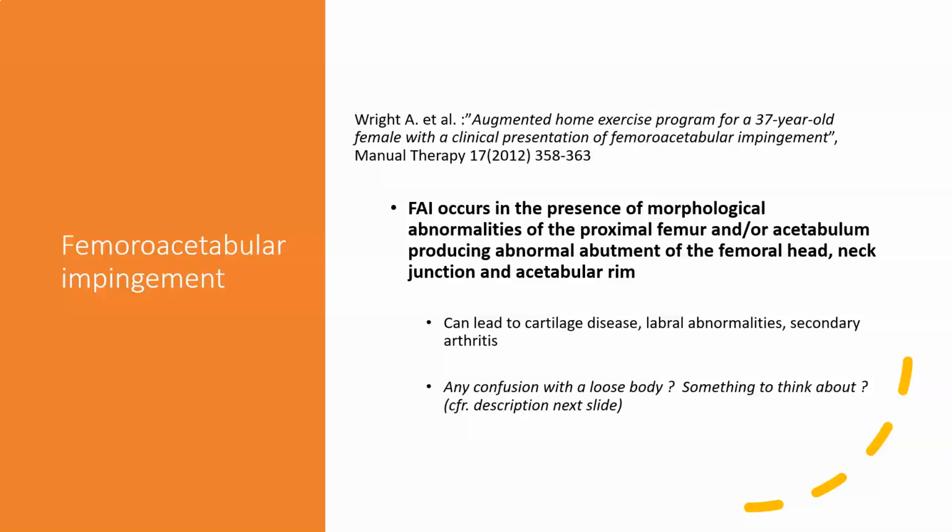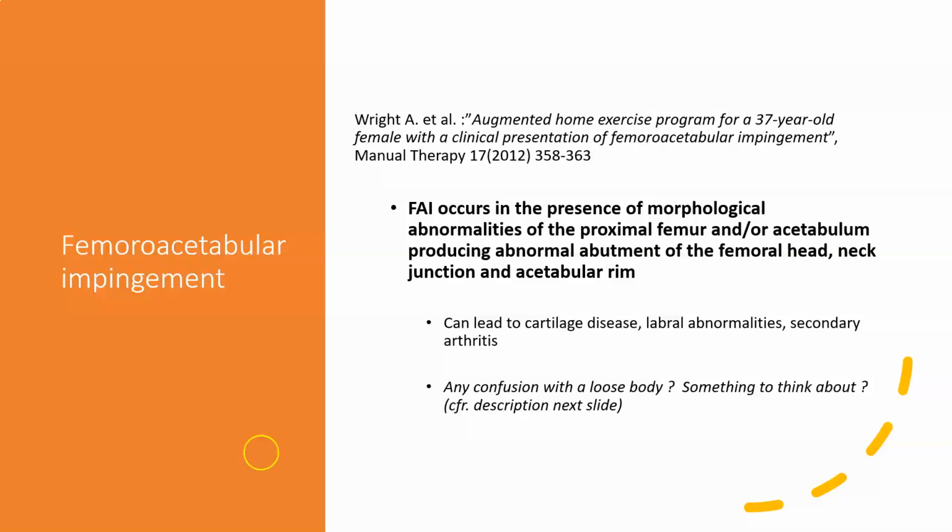Cartilage can be damaged, you can have labral abnormalities, you could create a secondary arthritis. But the clinical image could also be confusing. We could also think of a loose body.